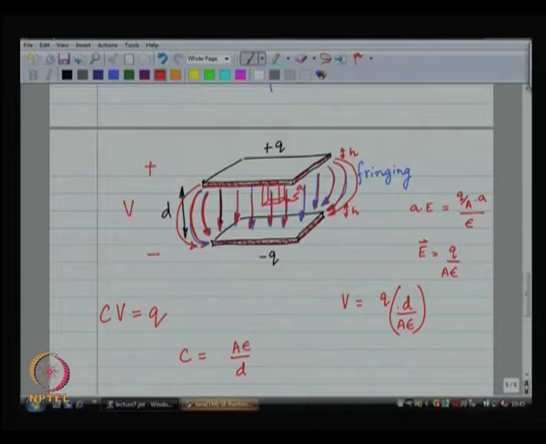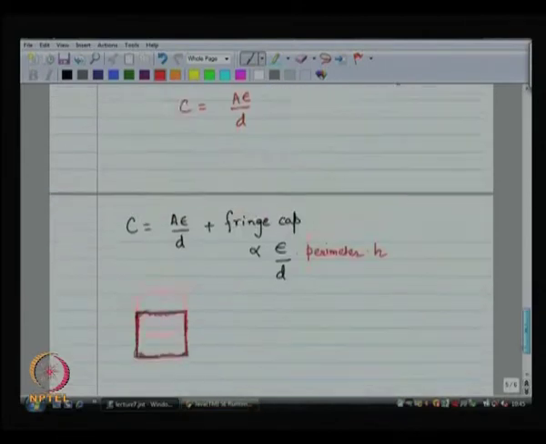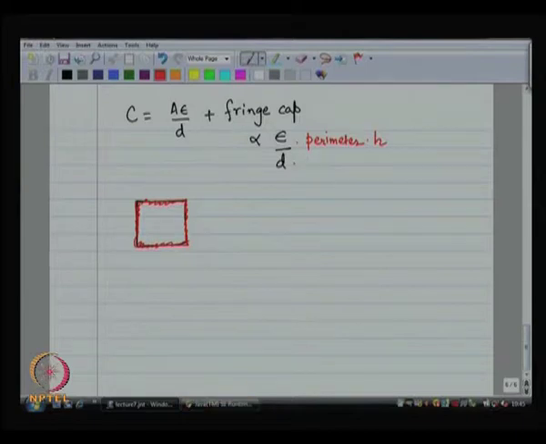So, the effective distance between the two plates is more than the distance, right. So, there is going to be some fuzz factor over here. Fine. So, this is that extra capacitance that you get because of fringing.